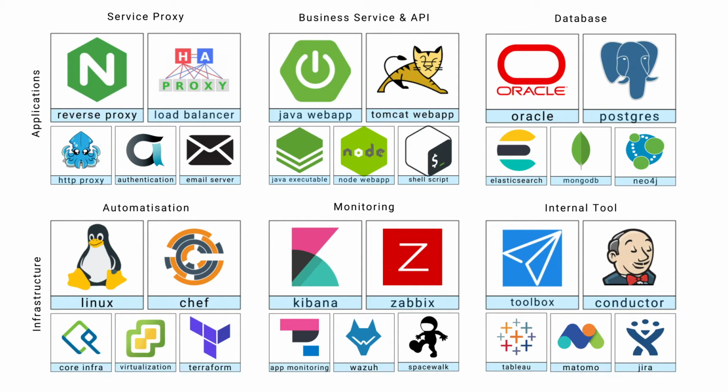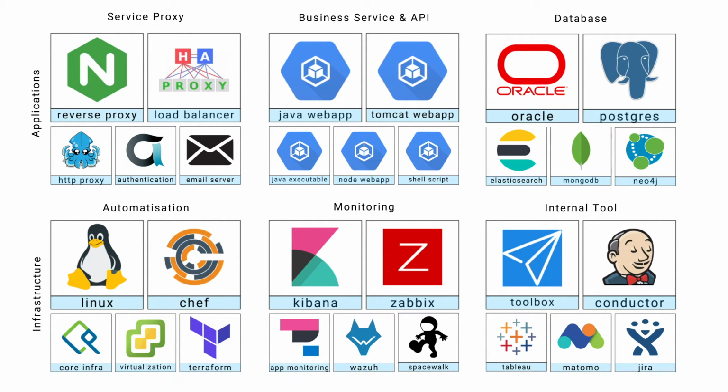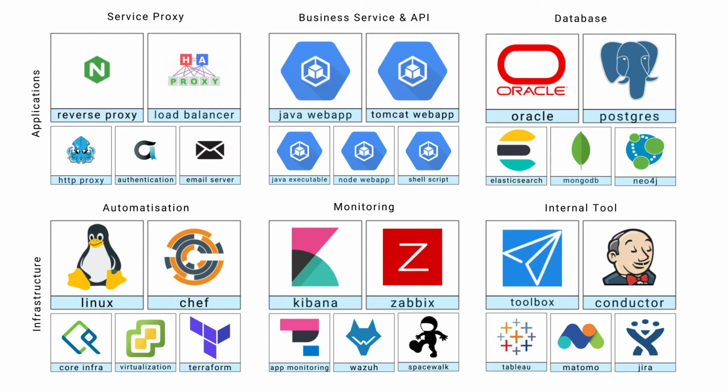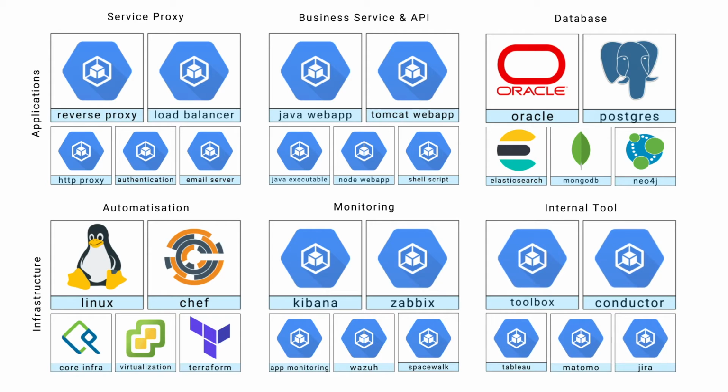We saw that our landscape is complicated, diverse, and high maintenance for the platform engineers. Containers are a unified way of packaging various applications. We can use containers to package our in-house Java and web applications. All the infrastructure, monitoring, and internal tools are also good candidates for containerization.